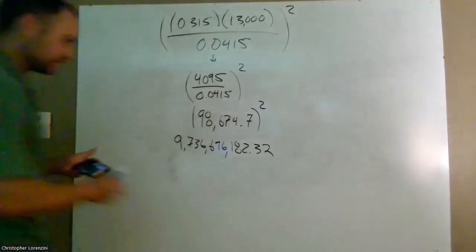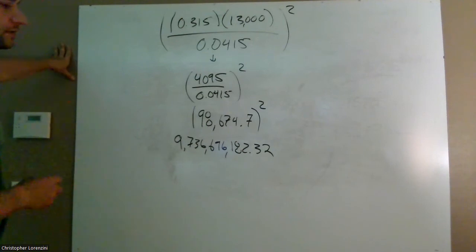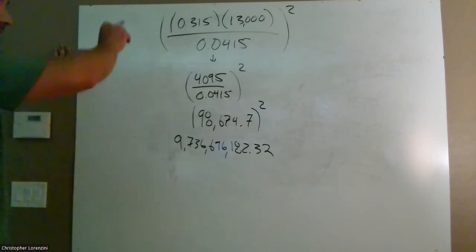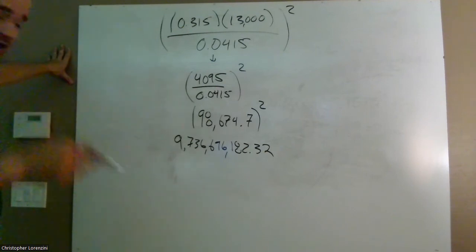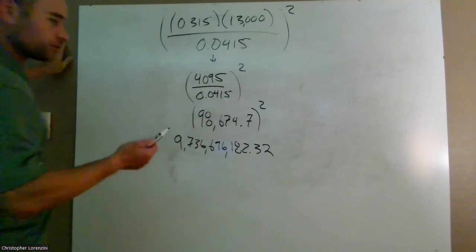now I'm rounding this to 2 decimal places, I get this big honking number right here, which would be 9,736,696,182.32 on the back end. Now, you might want me to take this number and write it in scientific notation. Not a problem. We follow those steps that we did earlier.